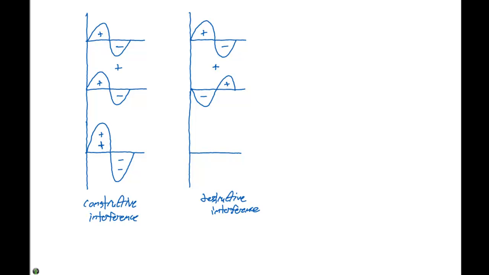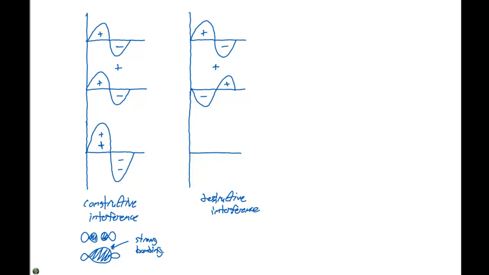And when we look at how bonds form, when we have constructive interference, we have two orbitals come together with the same phase. When we add these two orbitals together, we get a resulting orbital that looks something like this. This indicates that we have a strong bonding interaction.